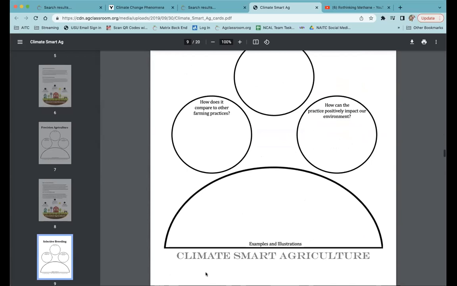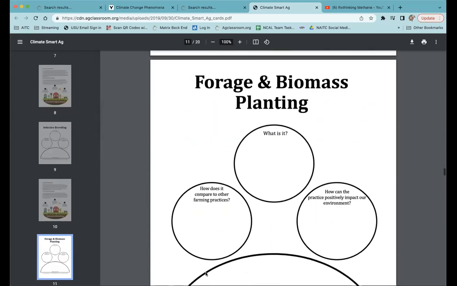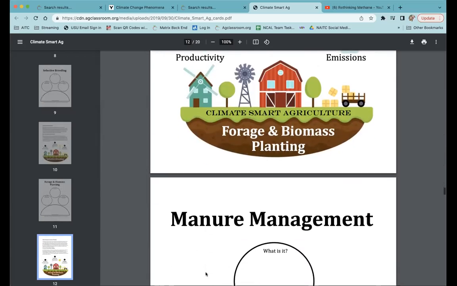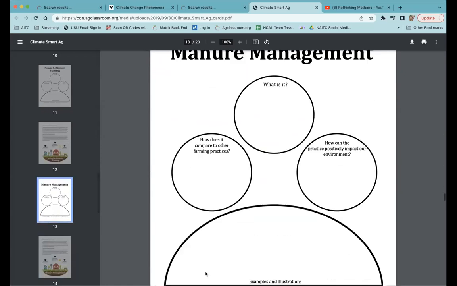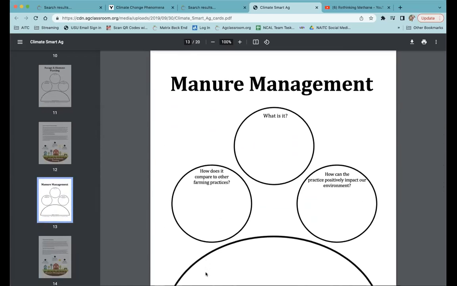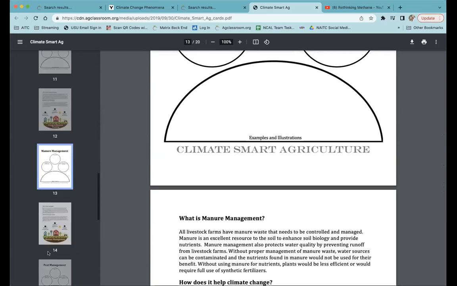Selective breeding, forage and biomass planting, manure management. Dr. Mittliner briefly introduced the manure digesters that create biogas and how that helps the environment.